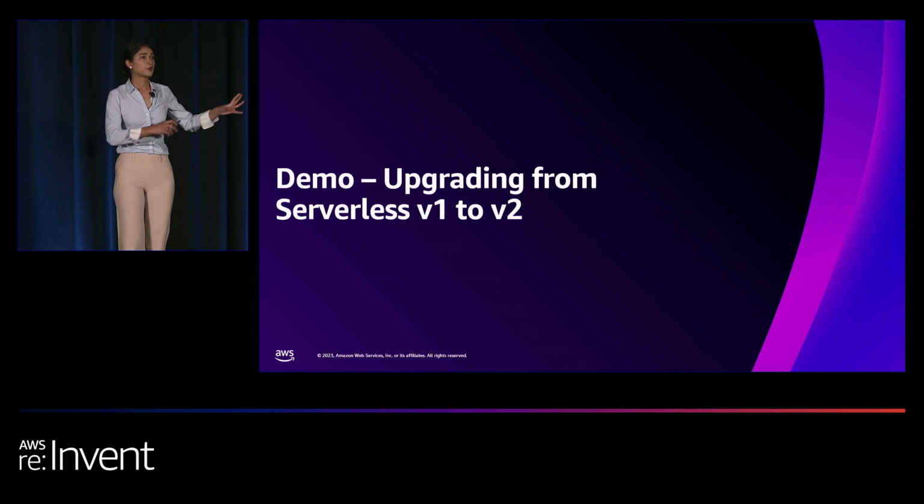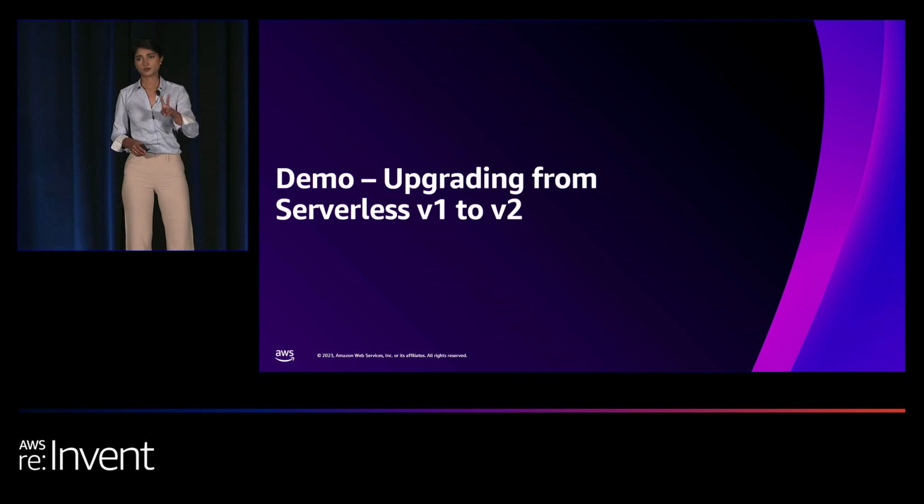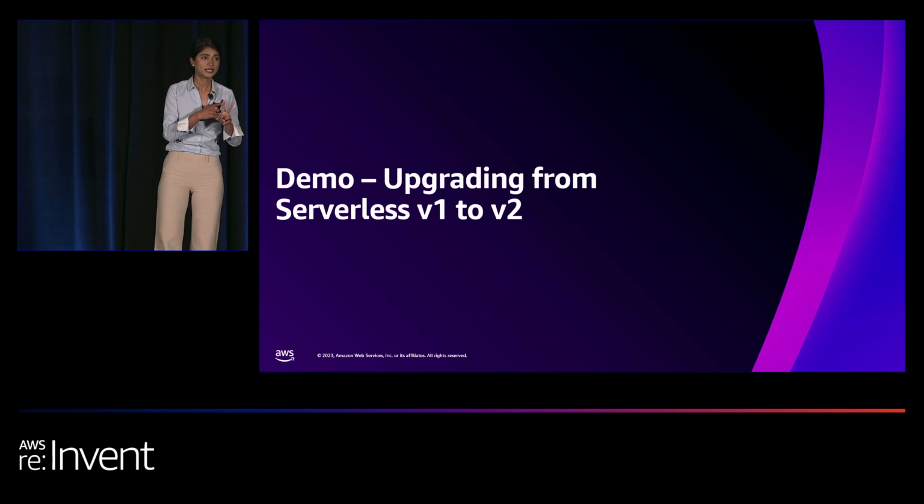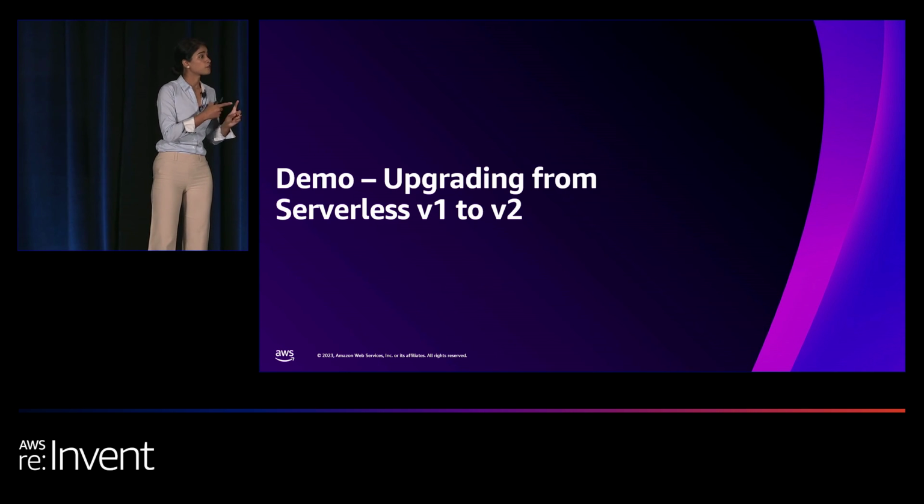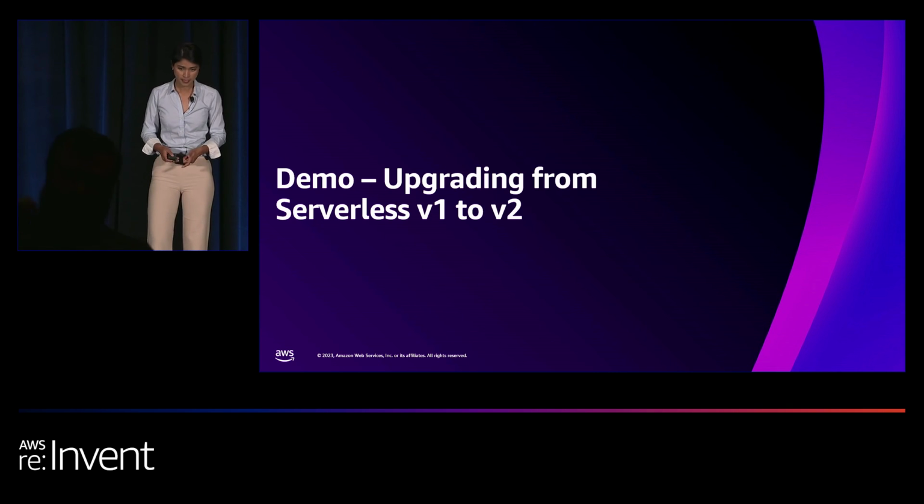Now that was if you have a provision cluster. Now with the launch of Aurora Serverless V2, we have two versions of Aurora Serverless, Serverless V1 and V2. So if you are one of our customers who are using Aurora Serverless V1, how can you upgrade that cluster to Serverless V2 today?